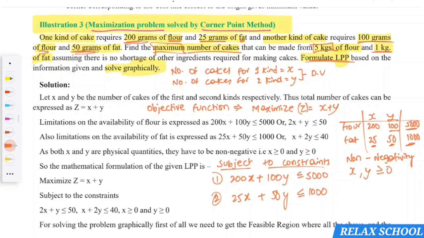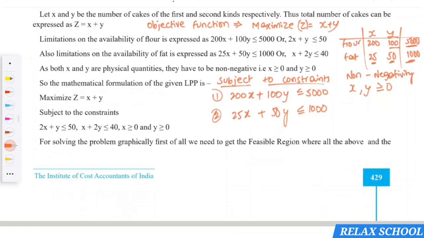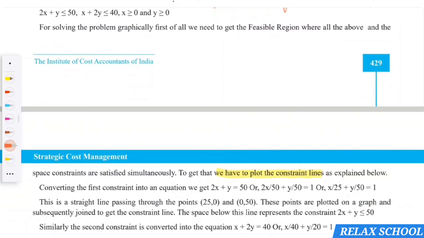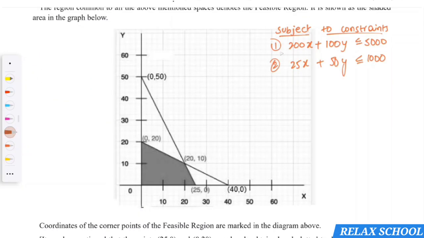We are going to solve it graphically. Right? What would be the first step? The first step is to plot the constraint lines on the graph. For this purpose, we will be taking the equation 200x plus 100y is equal to 5000. Now we are going to bring this 5000 to the left hand side.